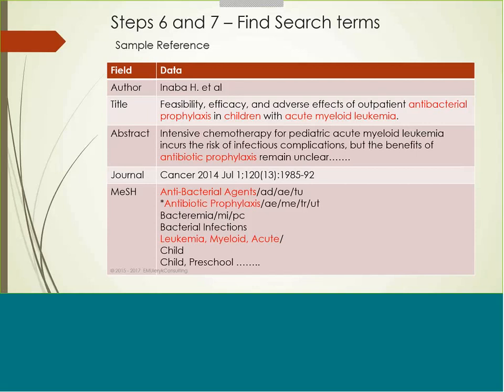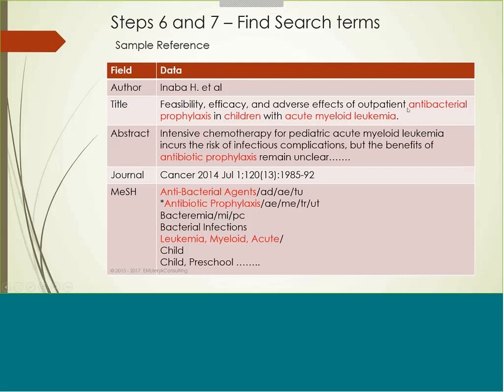By providing you with the access points in all of these fields, because Medline is a database, so it's a field with data in that field, you can search through all of it or in portions of it to try and retrieve that article matching the search question that you have. So if we look at this one, you'll see that they didn't refer to it as antibiotic prophylaxis. It was antibacterial prophylaxis.